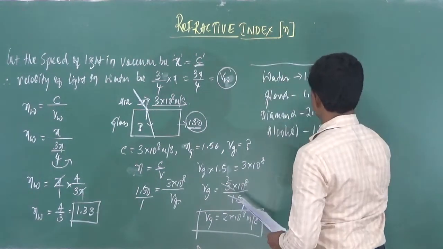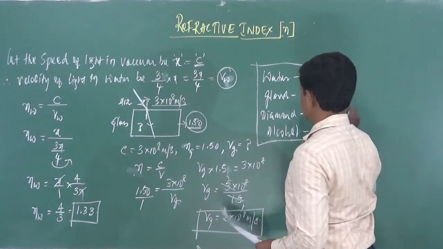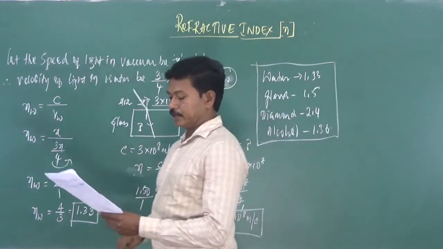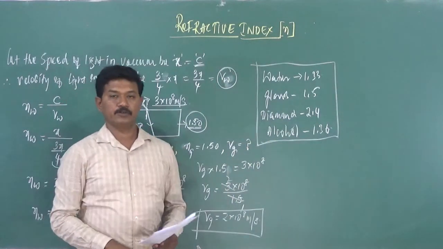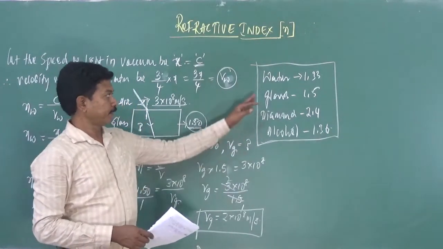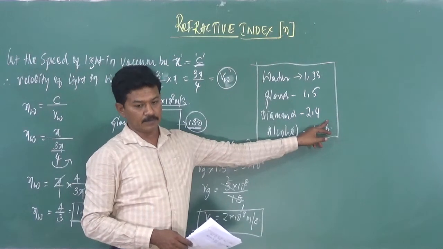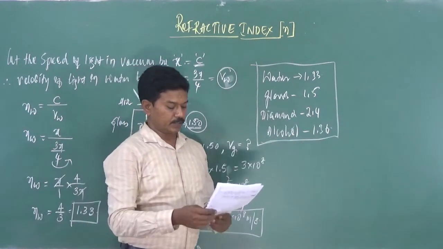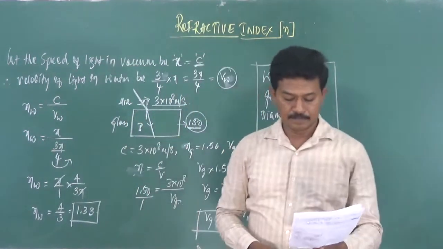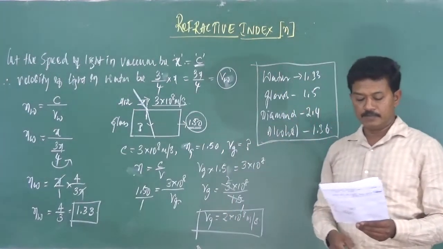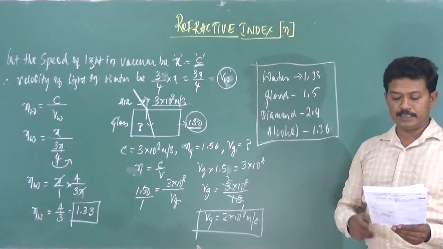So these are the things given to us. This will be given for 2 marks. The question is like this: 4 substances are given to you and their refractive indices are given. Using this, you have to compare the optical density. Find the medium with the lowest optical density.